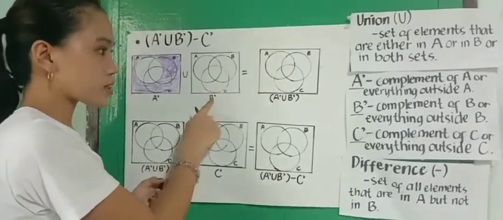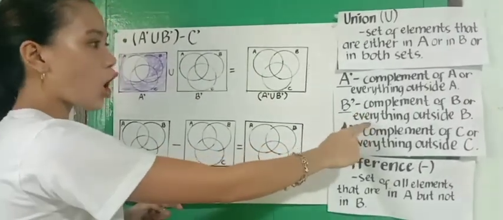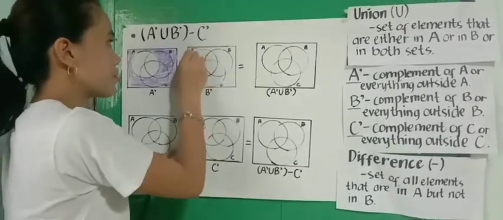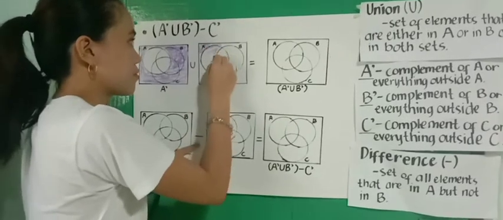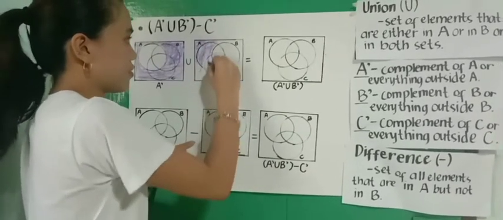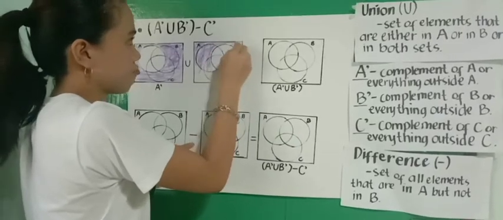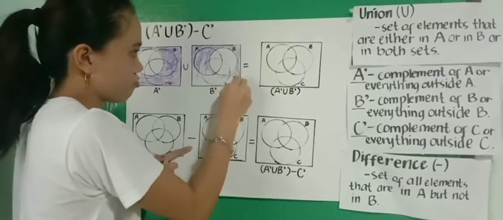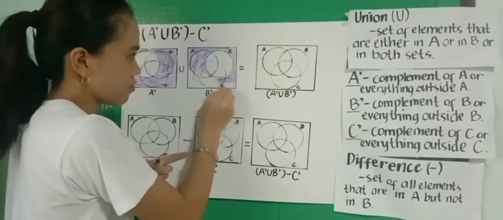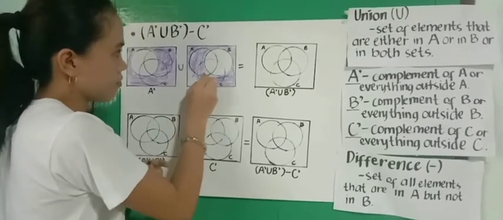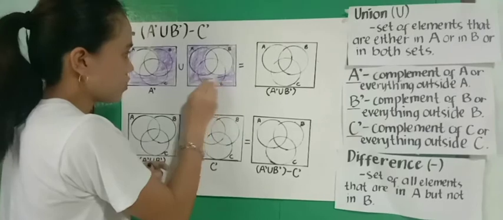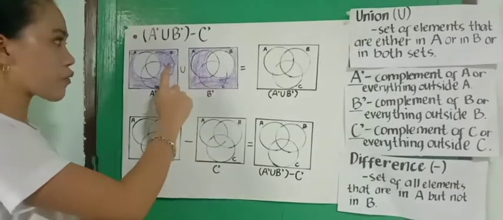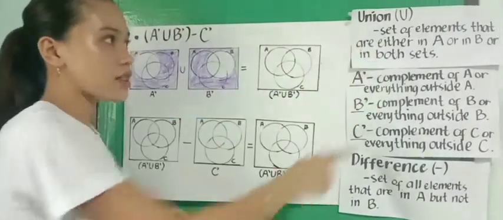B prime states that it is the complement of B or everything outside B. So we will be shading everything outside B. So that's B prime.